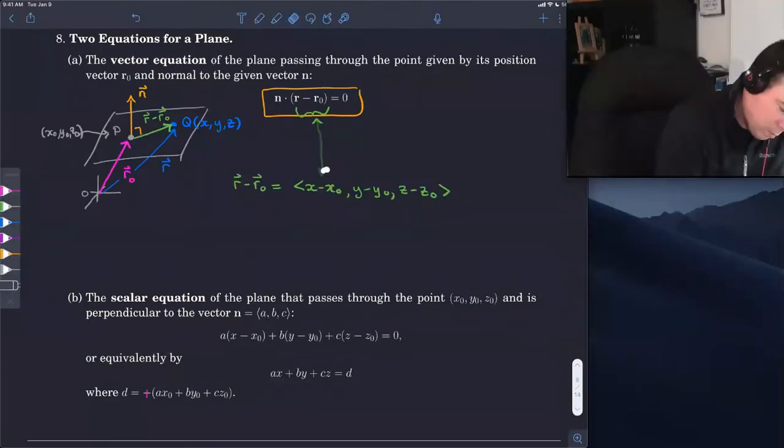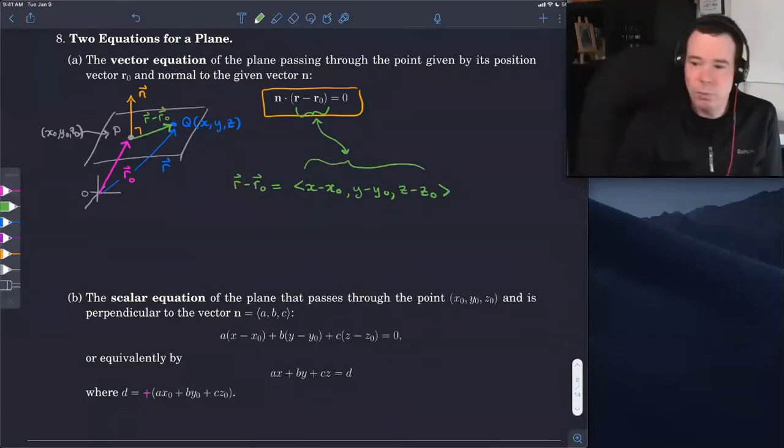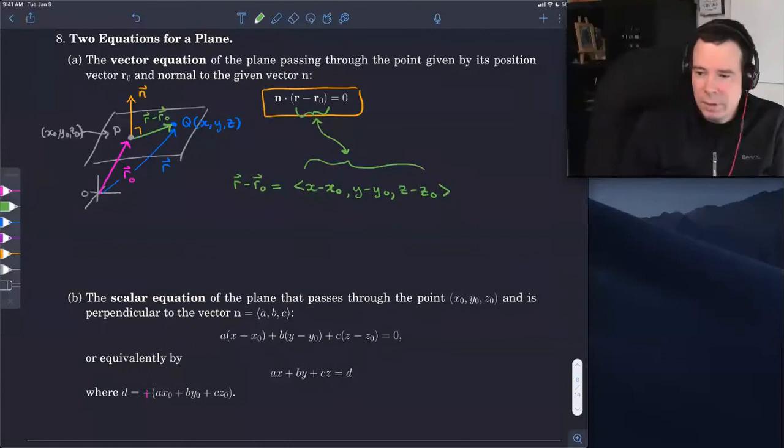Maybe I should draw the arrow so that it points to the whole thing instead. So that's what would go in that slot, r minus r naught: the vector given by x minus x naught, y minus y naught, z minus z naught.